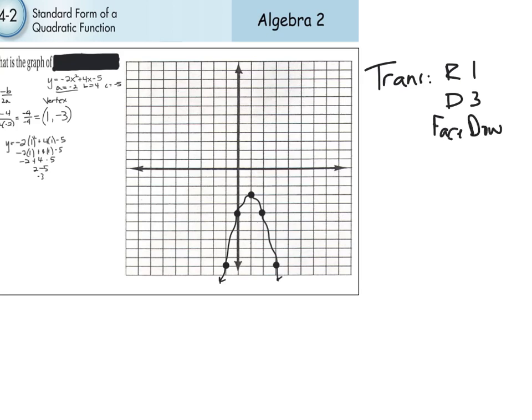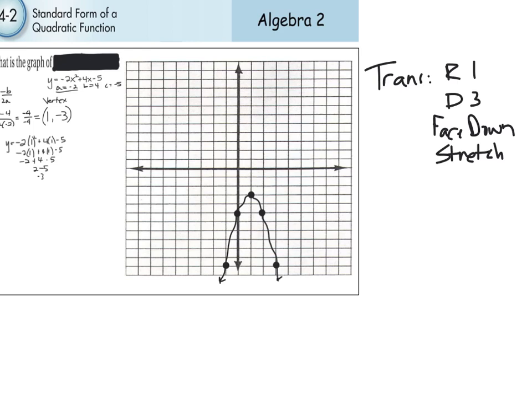Because your A value is a negative number. Also, my A value is bigger than 1, so we are also stretching it. There are a lot of transformations in this example. We moved it right 1, moved it down 3, faced it down, and stretched it out.